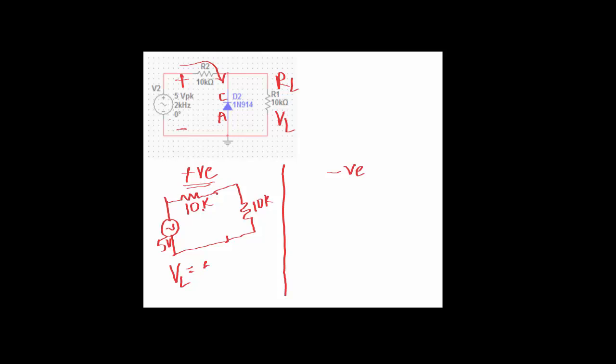So the total voltage is 5 volts multiplied by the load resistance, which is 10K, divided by the total resistance 20K. So you will see 2.5 volts across the positive half cycle. So when your input is positive, the output voltage you will see is only 2.5 volts.